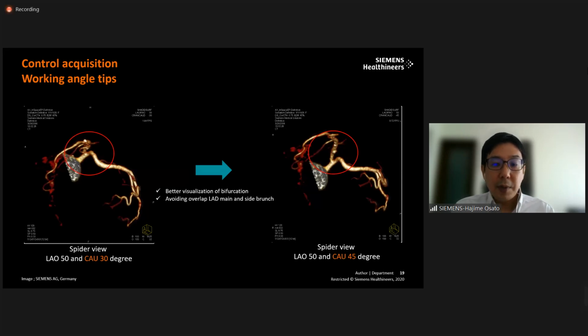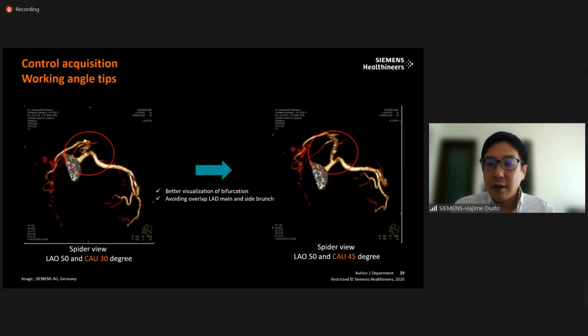We want to evaluate the LMT, left main trunk, and the bifurcation of LAD and LCX. In this case, on the left we use LAO 50 and caudal 30 degrees. On the right side, LAO 50 and caudal 45 degrees. So which is better?